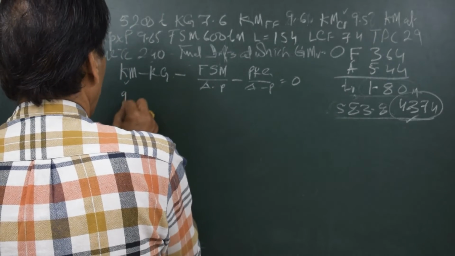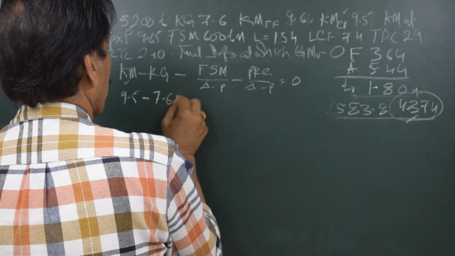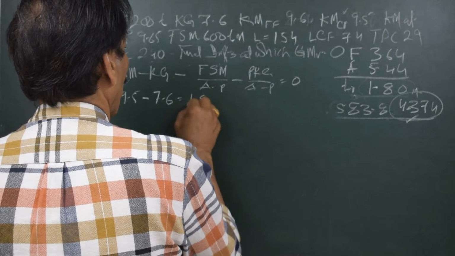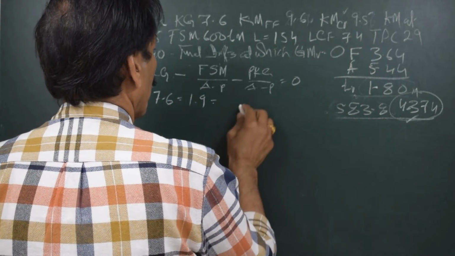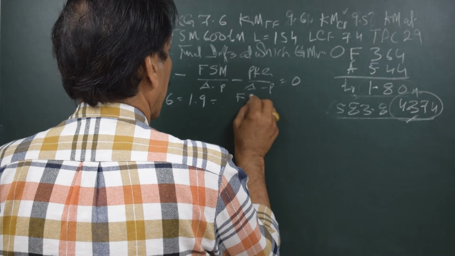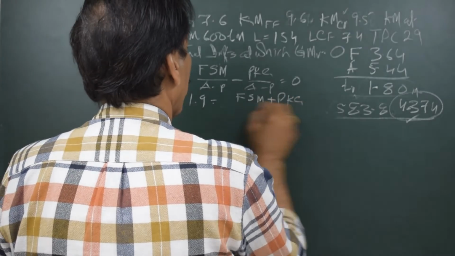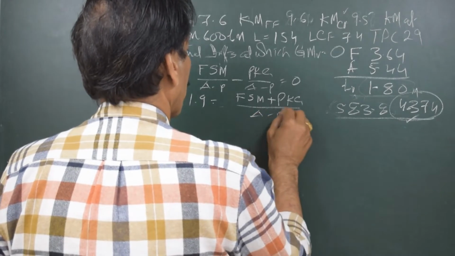So 9.5 minus 7.6, that is 1.9, is equal to 1 upon, I can write FSM plus Pkg upon delta minus P.